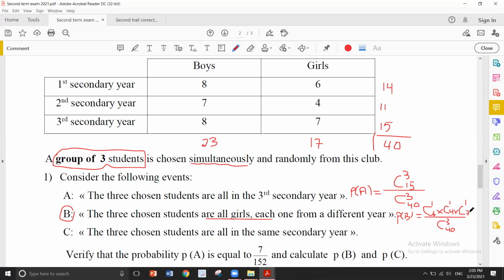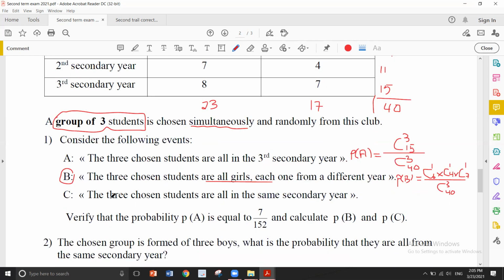Any questions about this part? C: the 3 chosen students are all in the same secondary year. What's meant by all in the same secondary year?